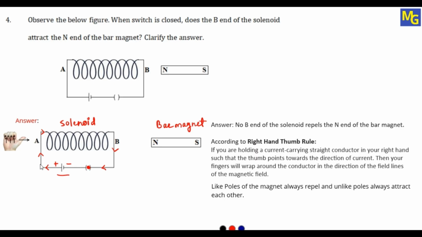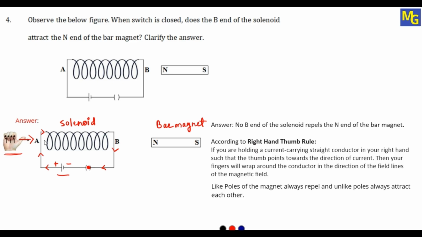So when the current enters the solenoid, what is the direction of the magnetic field lines? That we have to find out, and we can do it by using the right hand thumb rule. According to the right hand thumb rule, you can see this diagram: the thumb indicates the direction of the current and the remaining curled fingers indicate the direction of the magnetic field lines.